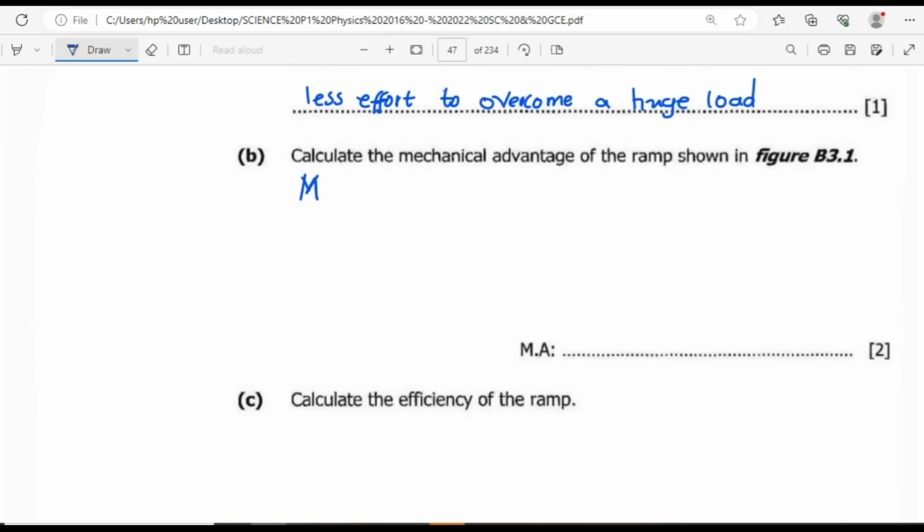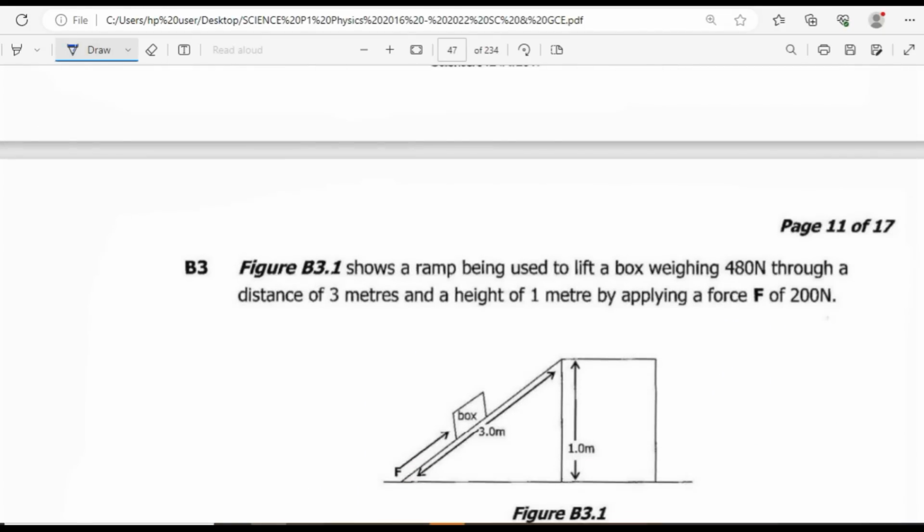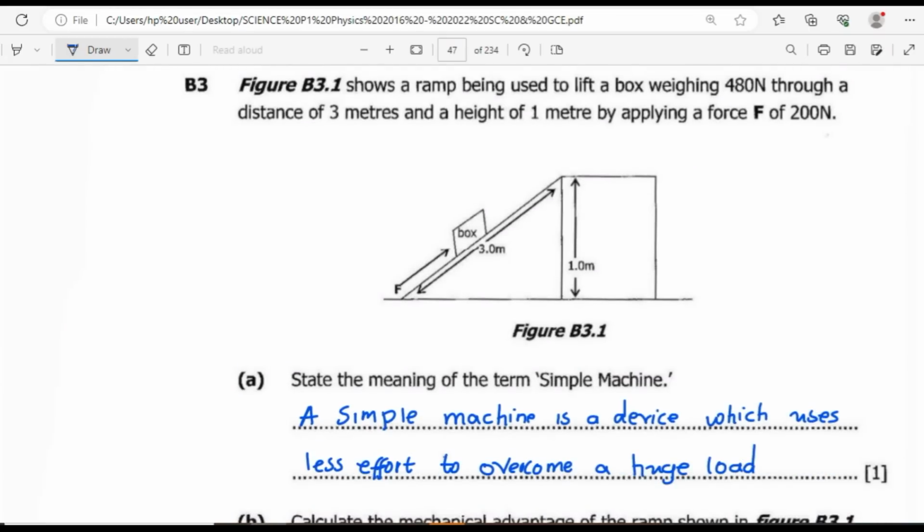So mechanical advantage, we are saying is load over effort. So let's go back to the information. So the load is just the weight. So we can see we are told a box weighing 480. So 480 is our load.